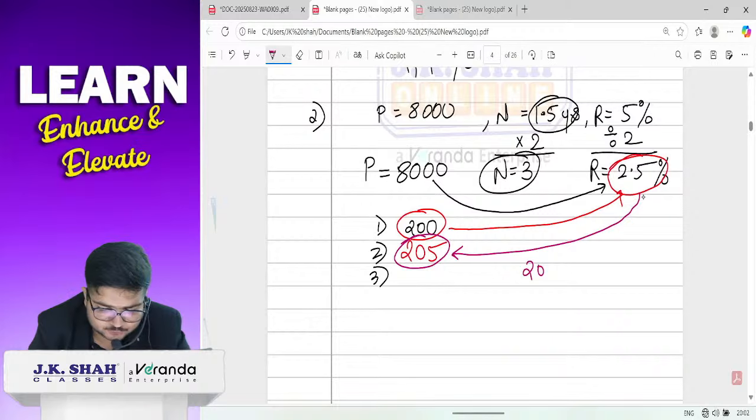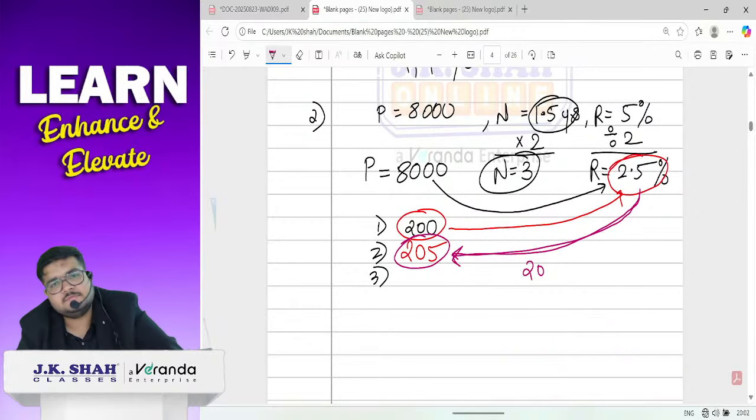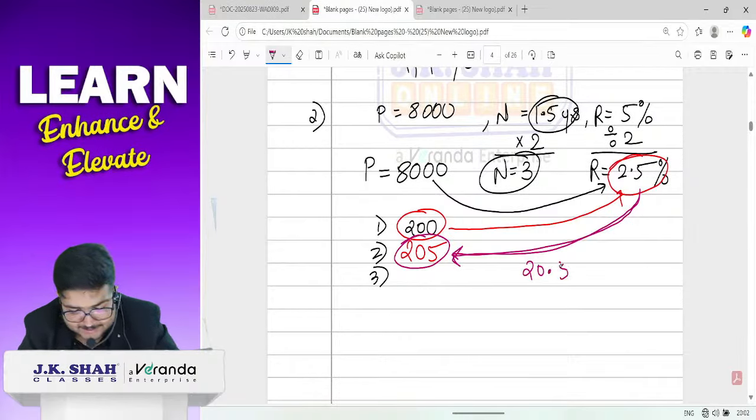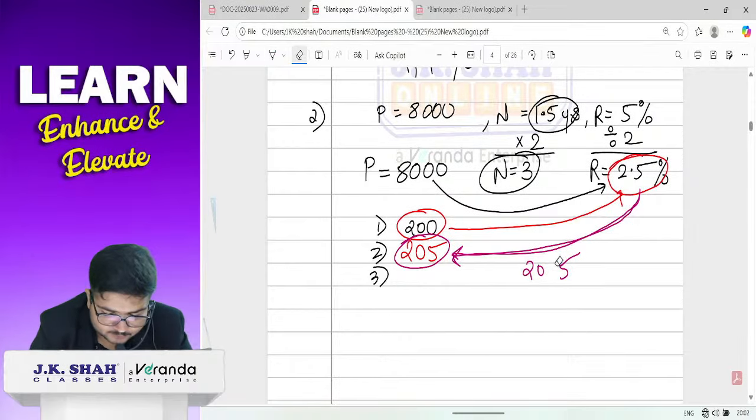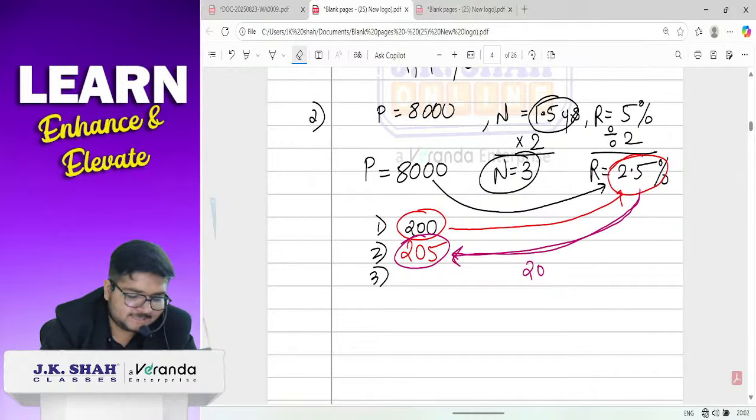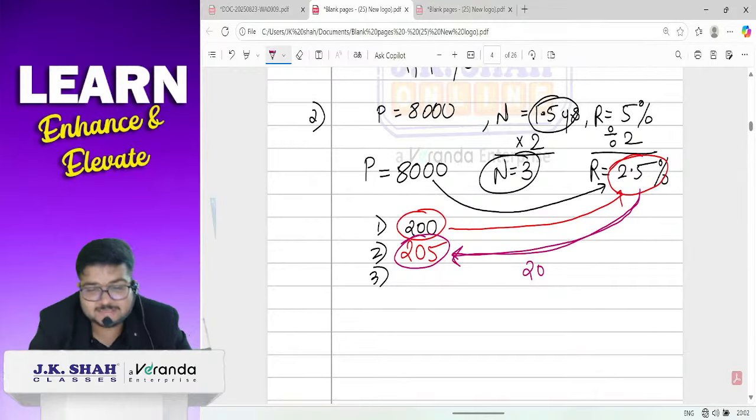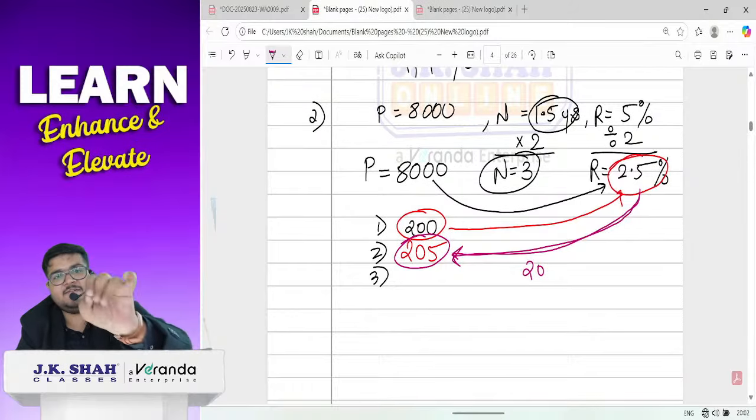So you will have to calculate 2.5% of 205. Find out 10% of 205. That was 20.5, but I have ignored this 0.5. Now again do half and half. 20 ka half is 10, 10 ka half is 5.